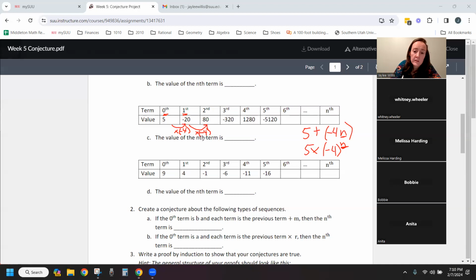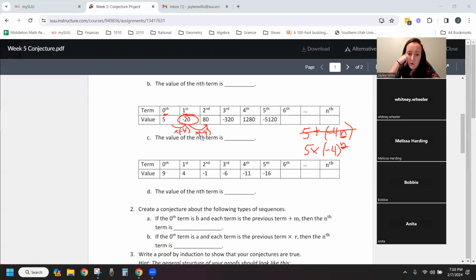So if we plug in a 1 into the first one, -4 times 1 would give us -4. And if we add 5 to that, that would equal 1, but we want it to equal -20. So this formula won't work, but let's see if the other one does. If we do -4 to the first power, that's -4 times 5, that gives us -20.